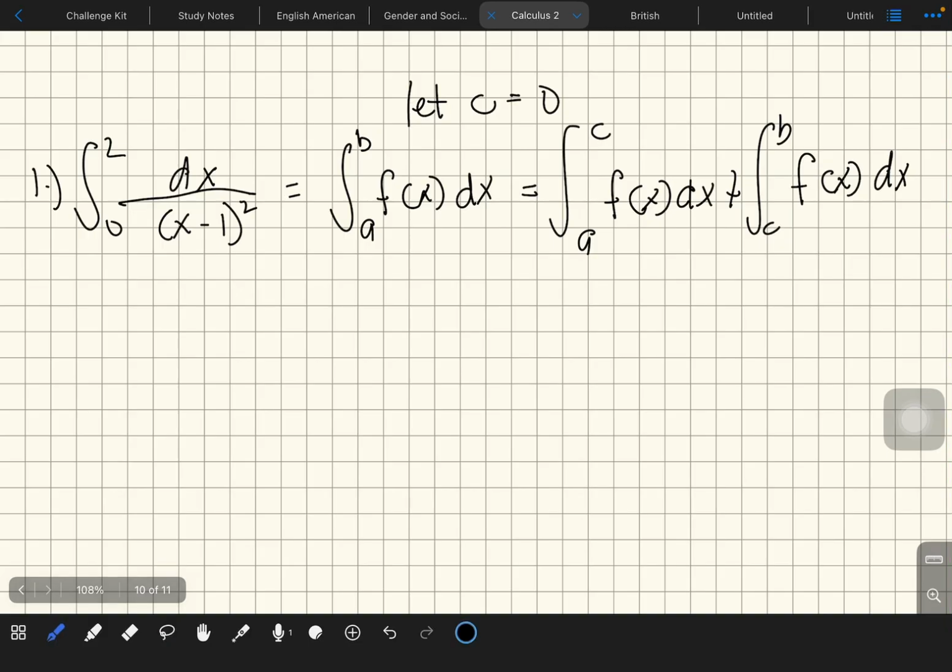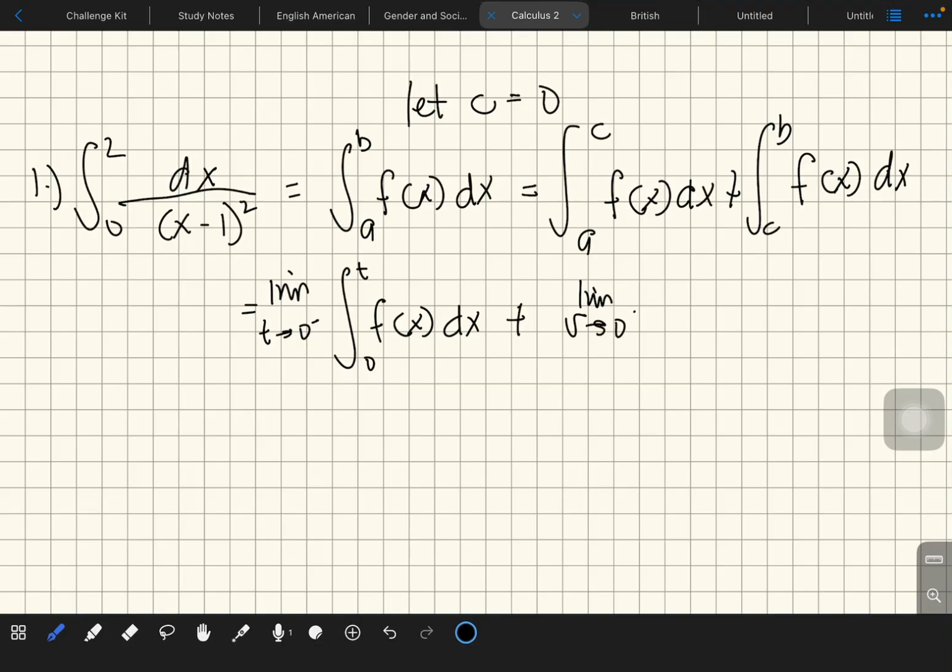Applying it, it becomes the limit as t approaches 1 from the left of the integral from 0 to t of f(x) dx, plus, I used t and s as the approach limits, the limit as s approaches 1 from the right of the integral from s to 2 of f(x) dx.